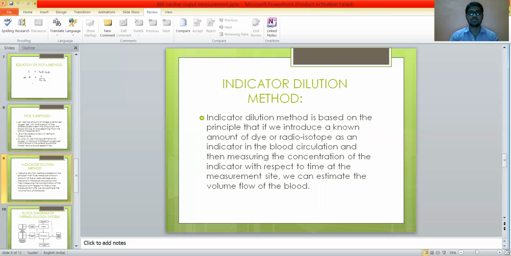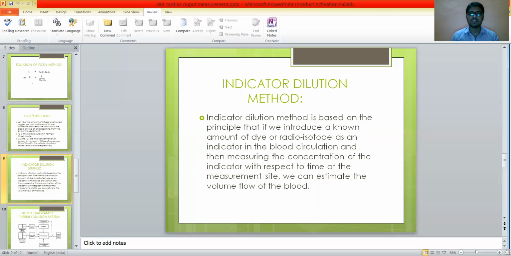Now we are going to see another direct method, known as the indicator dilution method or dye dilution method. The indicator dilution method is based on the principle that if we introduce an amount of dye or radioisotope as an indicator into the blood circulation, using a syringe, it goes throughout the body.